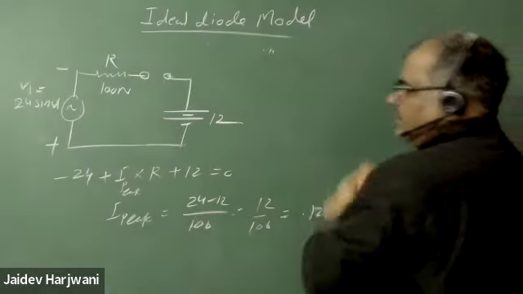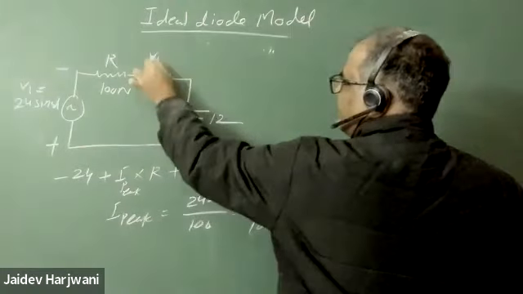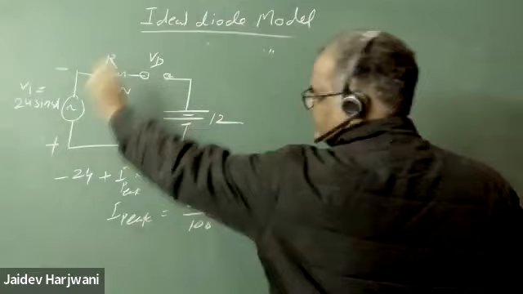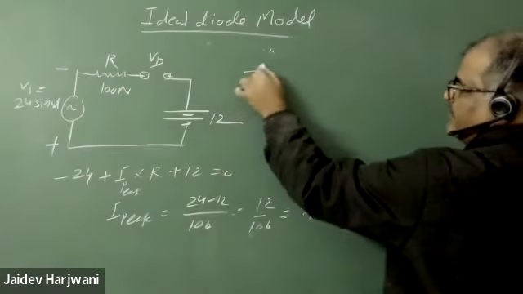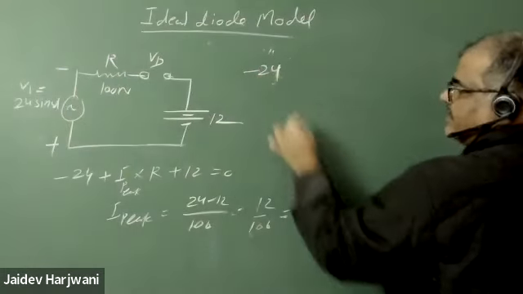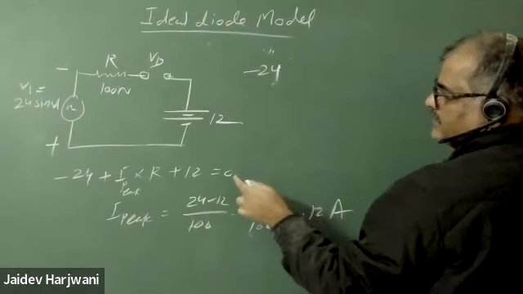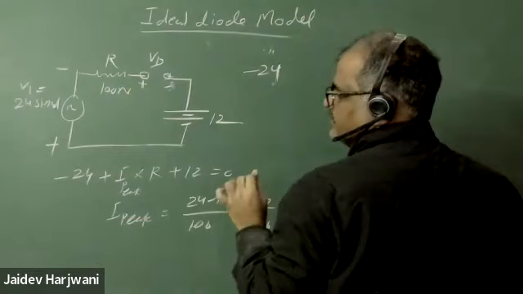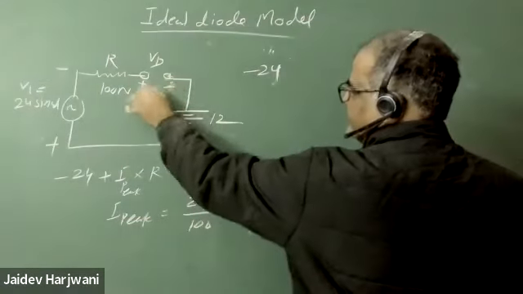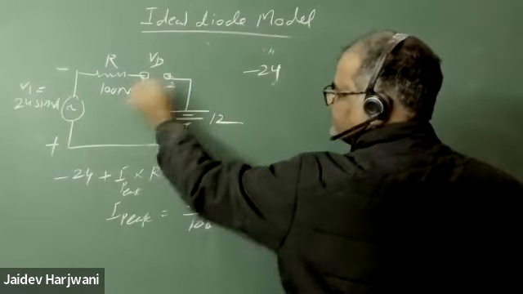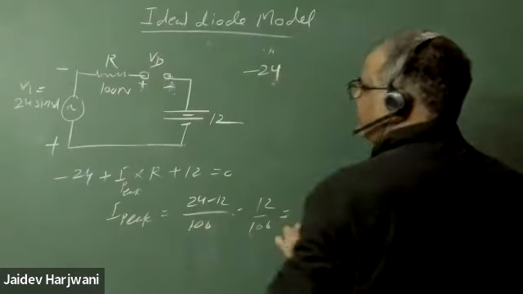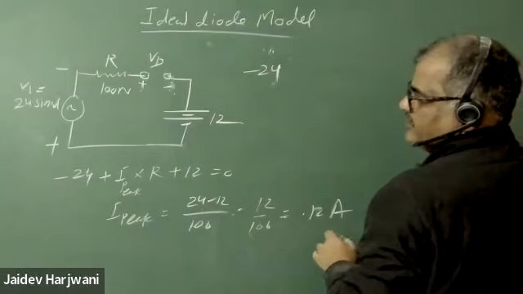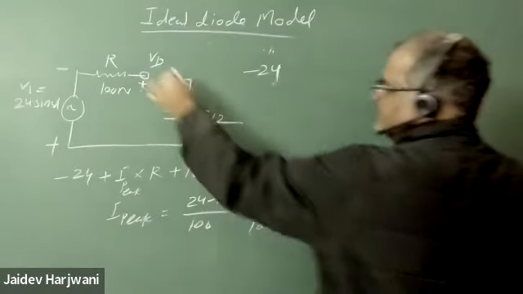I want to calculate how much maximum voltage is coming here, so I need to take the peak value. Now the situation is like this: I have minus 24. What is the voltage here? How much voltage will come across the diode?